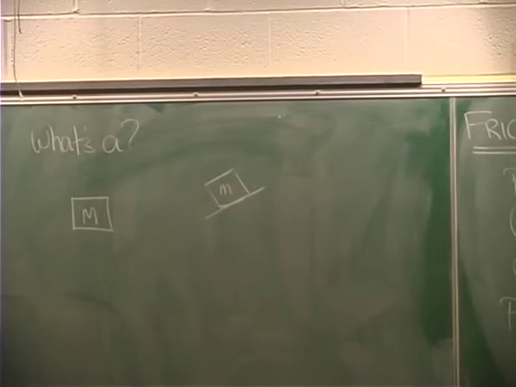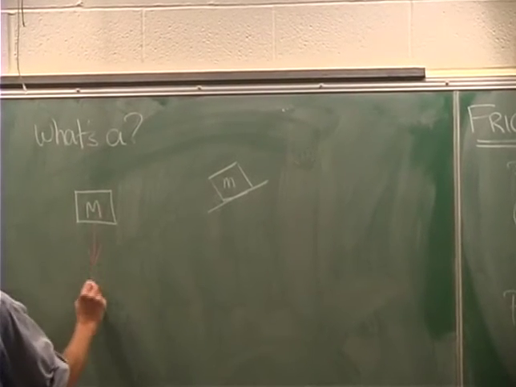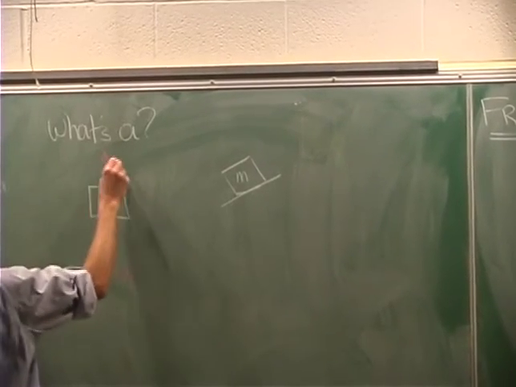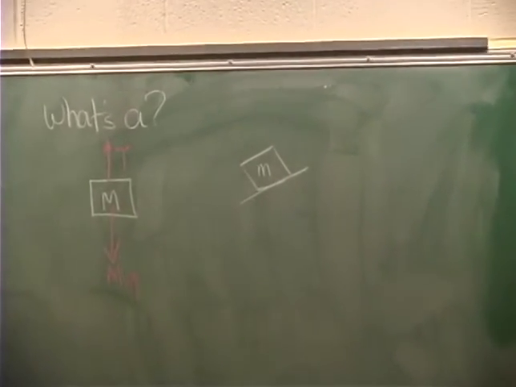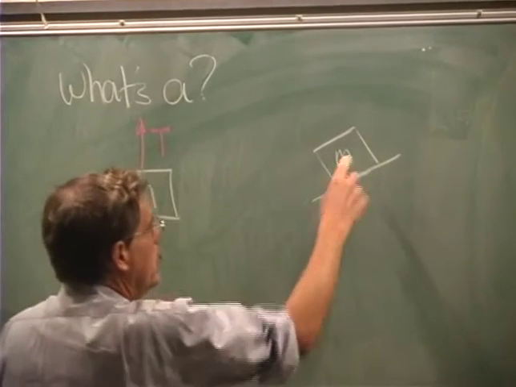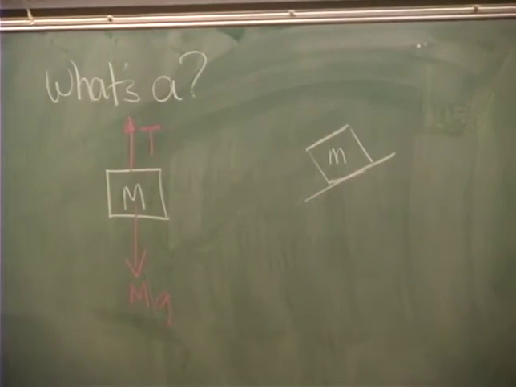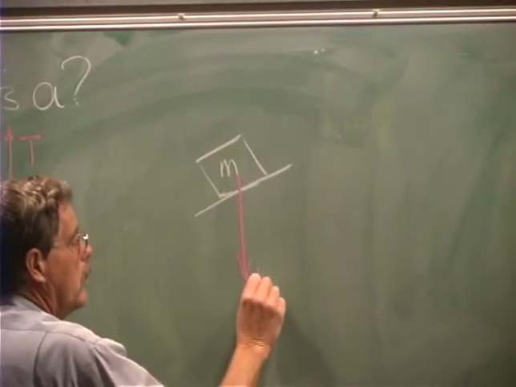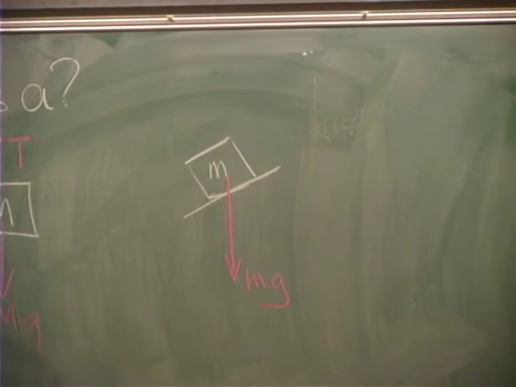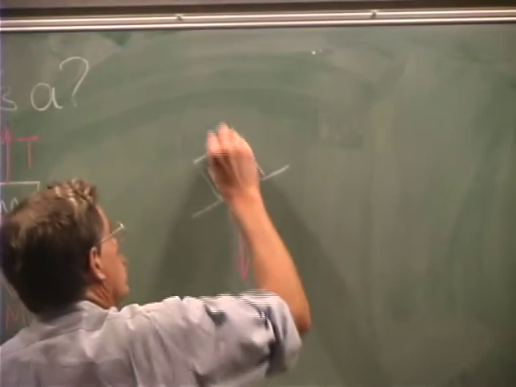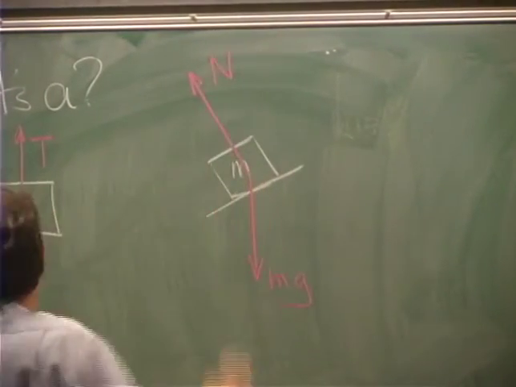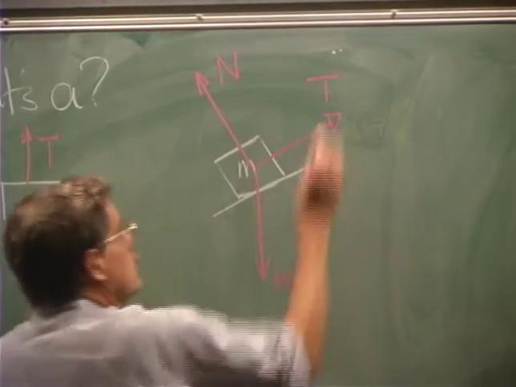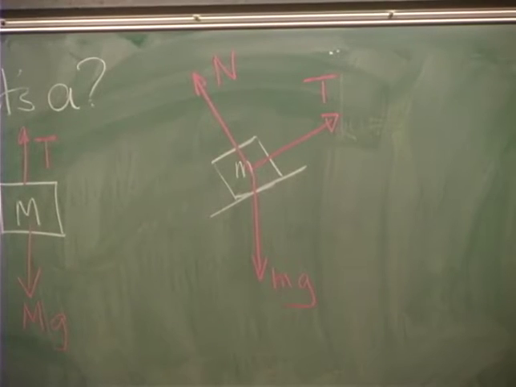Forces on it, weight acting down, capital Mg, tension in the rope, pulling up, T. Okay, this one here, this mass, well, weight, normal force for sure, tension, and friction now.